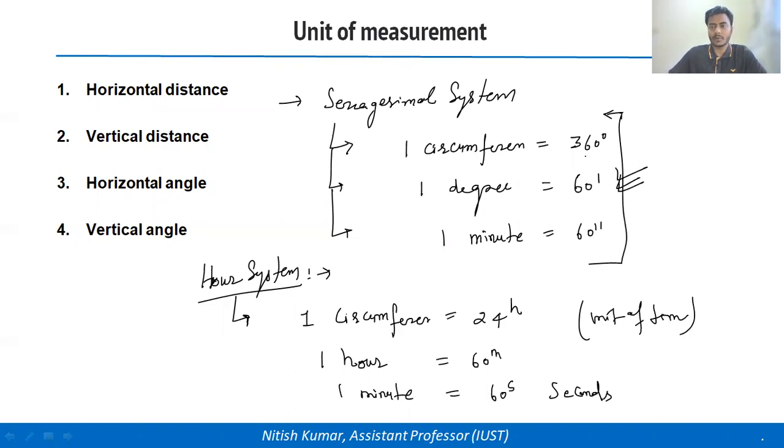One circumference equal to 360 degree means you rotate at a point and give a full rotation, covering 360 degree, or in radian 2 pi. And 1 degree is equal to 60 minute, and 1 minute is equal to 60 second. So just remember this one, the sexagesimal system.